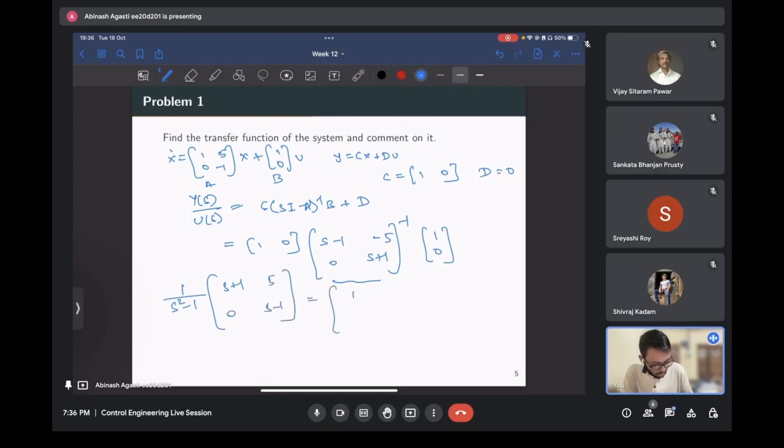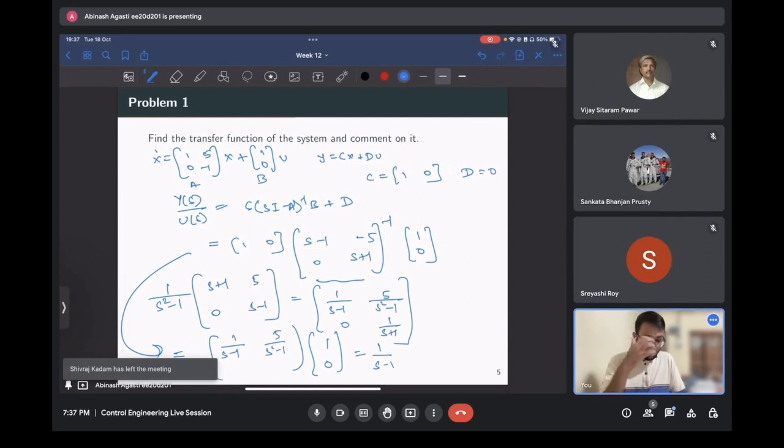So this is 1 by s minus 1. So look at this. The entire transfer function of this system boils down to just this thing.